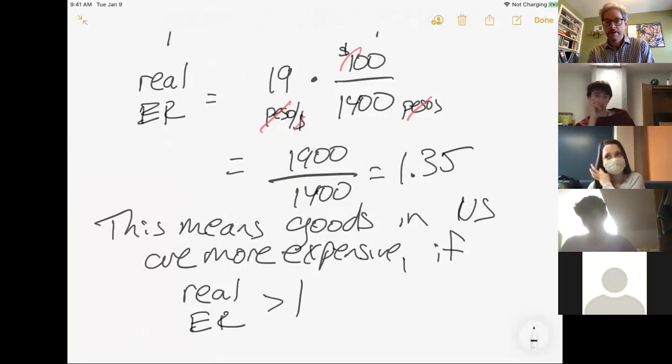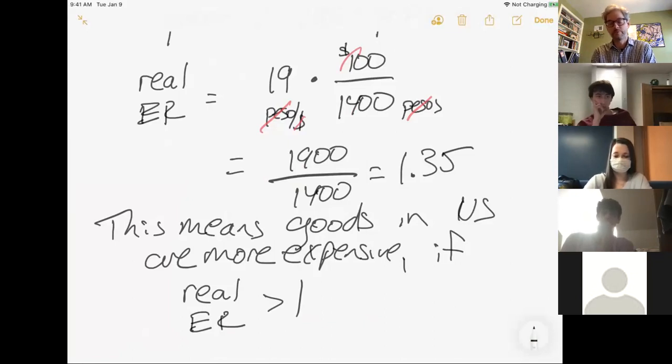I don't know if any of you have ever traveled abroad. Hopefully you have. If you've traveled abroad, you've calculated real exchange rates. You just have probably never called it that in your mind. If you go up to Toronto on a weekend and you see a sweater that's 80 Canadian dollars, what's the first thing you do?